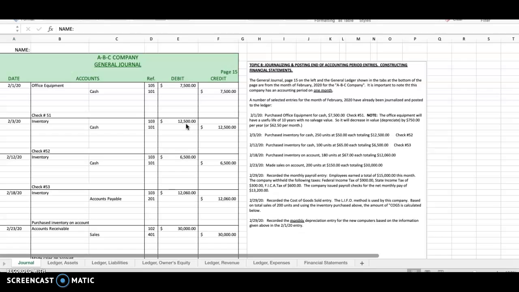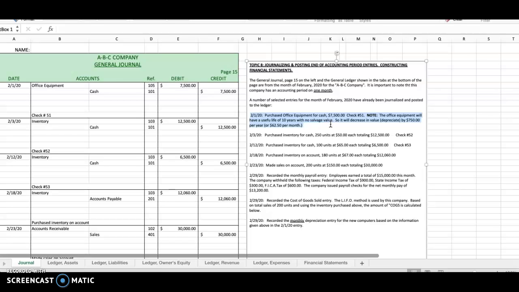And let's take a look at some of the transactions. First of all, on the first day of the month, we bought office equipment for cash, $7,500, and that is journalized and posted. Both assets: office equipment goes up, cash goes down. Also, it's important to note over here on the right that this office equipment will have a useful life of 10 years.